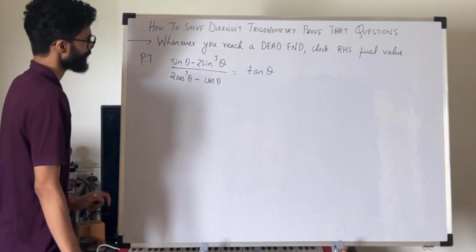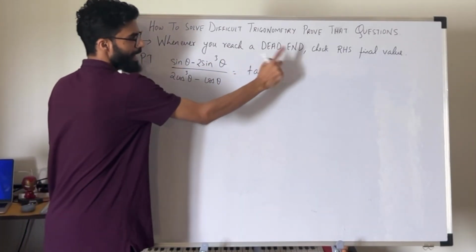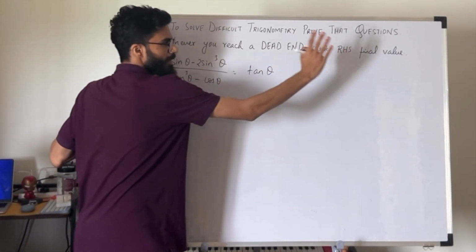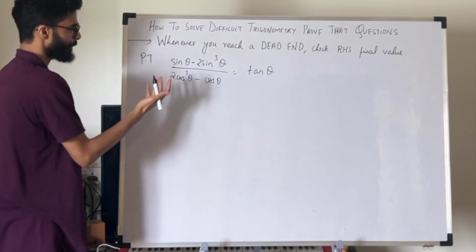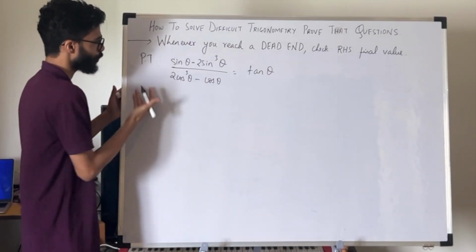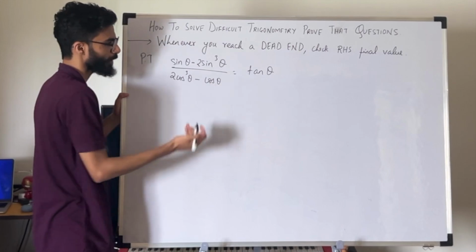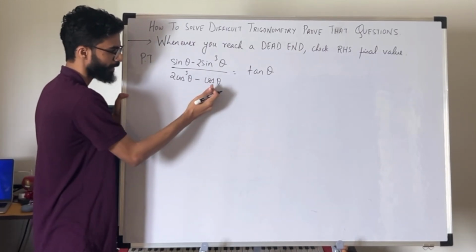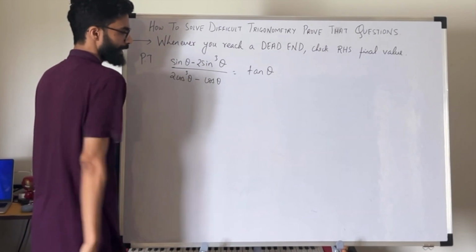The fifth trick is, whenever you reach a dead end, check the RHS final value. Now suppose they have given me this question: prove that (sin theta minus 2 sin cube theta) by (2 cos cube theta minus cos theta) is equal to tan theta.